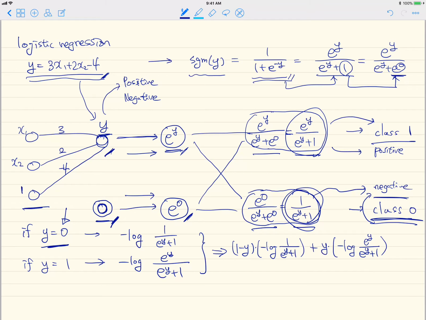And then the loss function will be the negative log of the corresponding probability value, right? And if y is 1, which is the positive class, then it is the negative log, and this probability value is coming from here, right?